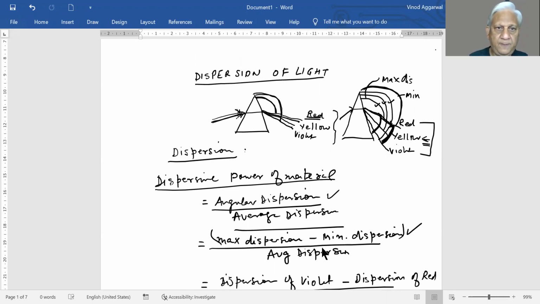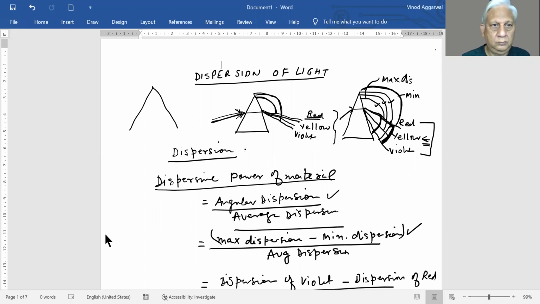In a prism, what happens is when we send an incident ray, it refracts once and it refracts again.